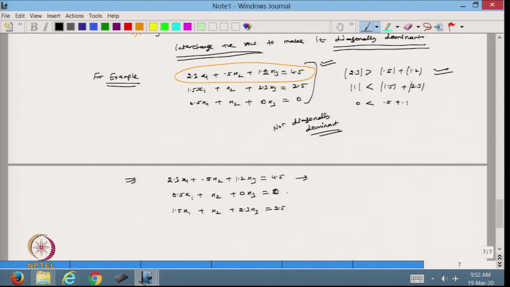This is okay. Now I will see that this is my diagonal elements. So from here I can say that 1 is greater than 0.5. From here I can say that 2.3 is greater than 1.5 plus 1. So it is not greater.